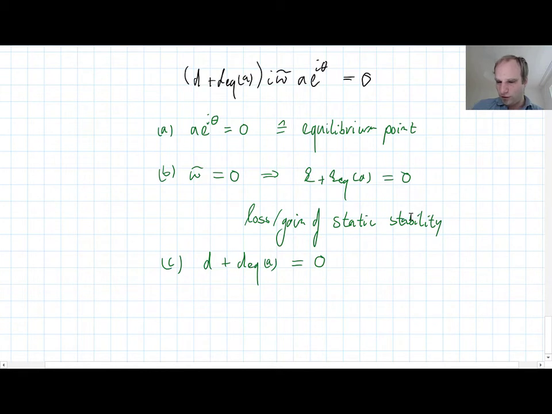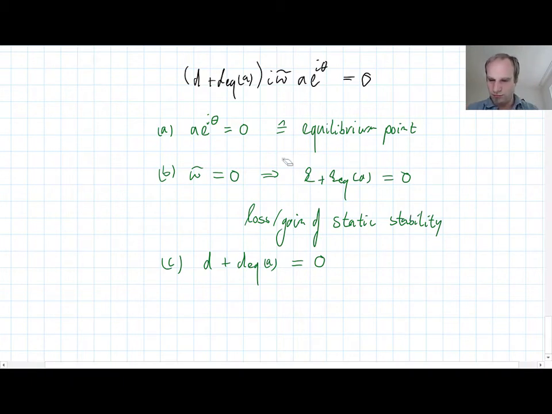So either we first have stable behavior and then unstable behavior, then this means we have exponential divergence again. Or we gain static instability, then we have an unstable equilibrium point.